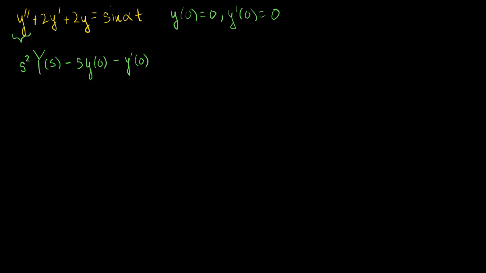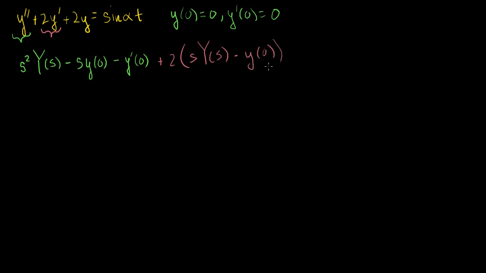Now we have to do the Laplace transform of 2 times the first derivative. That's going to be plus 2 times s times the Laplace transform of y, minus y of 0.